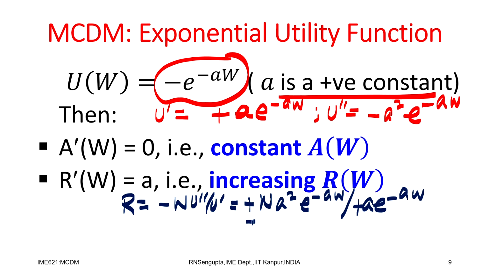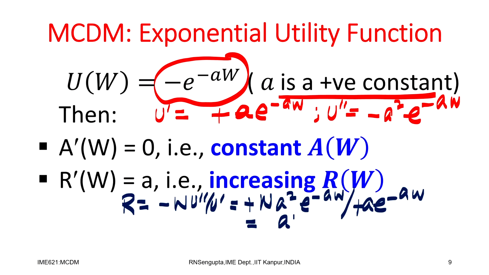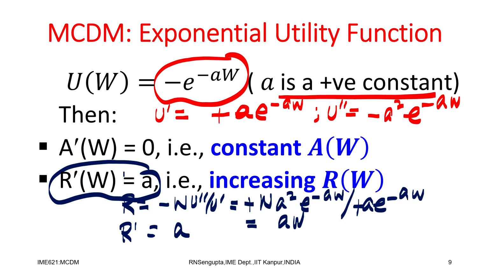So, e to the power minus a w cancels from numerator and denominator, one value of a cancels, and the value becomes a w. If I differentiate r, it becomes a only, which is as given here, which is the increasing relative risk aversion property, because r prime is equal to a constant value, in the sense that a is positive. So, it is increasing.